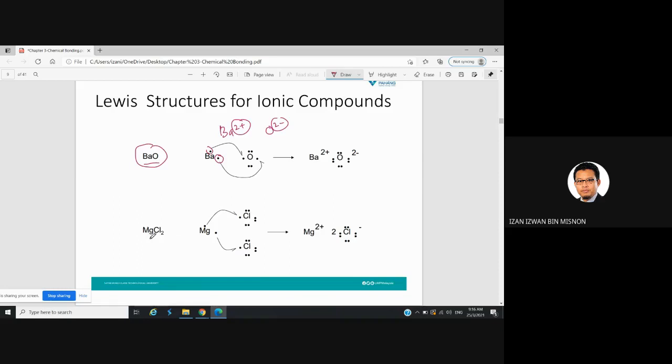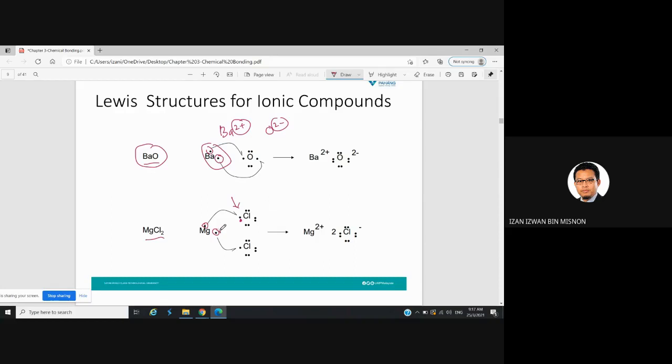In the case of magnesium chloride, magnesium also has 2 electrons on the valence shell, and chlorine has 7 electrons on the valence shell, in which 1 electron from magnesium will be donated to an individual chlorine atom. In the case of oxygen, it requires 2 more electrons, so both electrons in barium will be donated to oxygen. But for magnesium chloride, if 1 electron is given to one chlorine atom, it already achieves the octet.